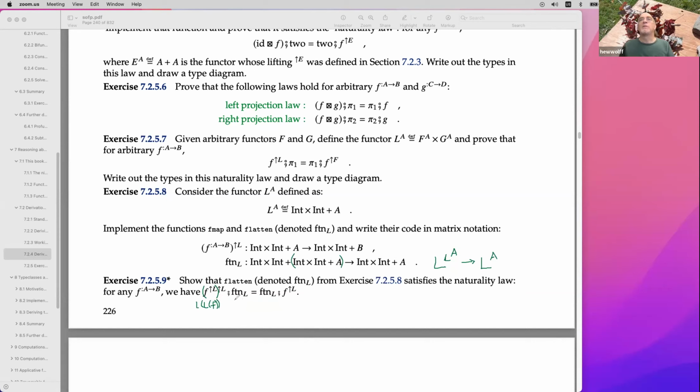Okay, L of F. So what is its type? I'm a little lost. The thing in here, this is now a function from L of A to L of B. This thing in the green parens. It's a function from int cross int plus A to int cross int plus B, right? Yes.